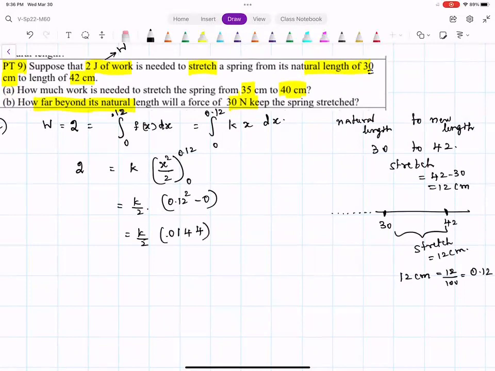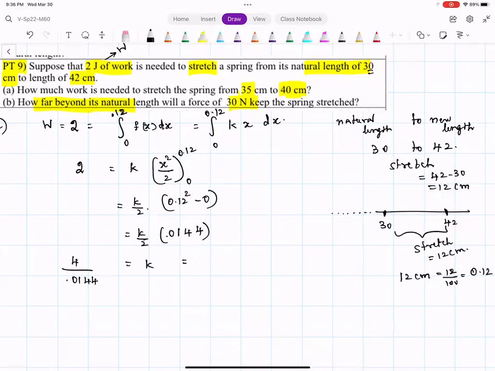If you solve for k, you have to multiply by 2. It will be 2 times 2, which is 4, divided by 0.0144. That is the value of k.